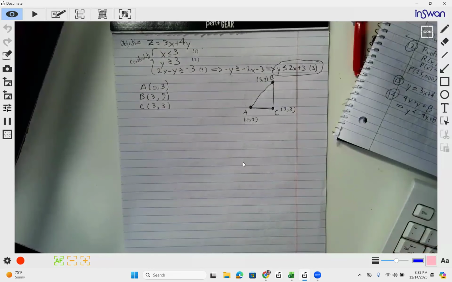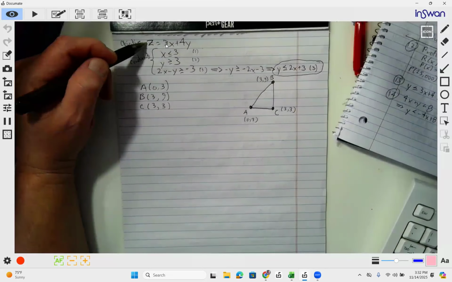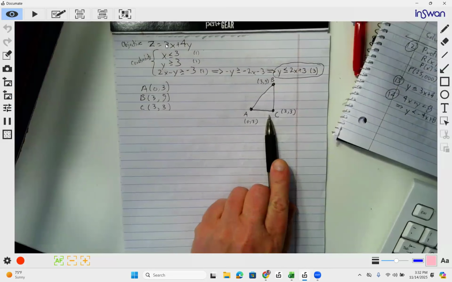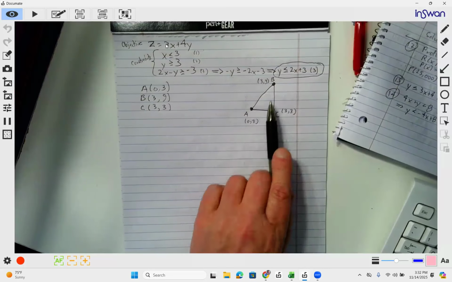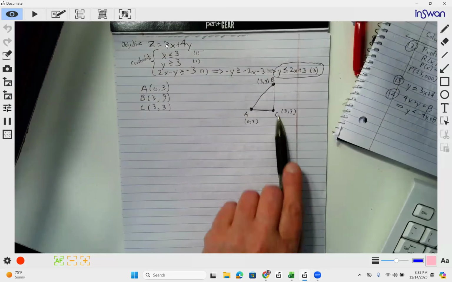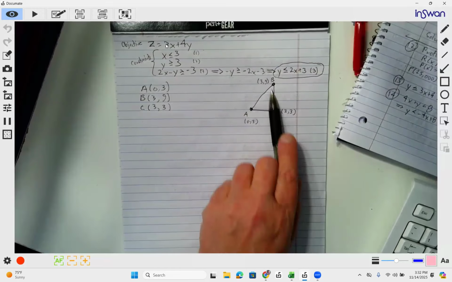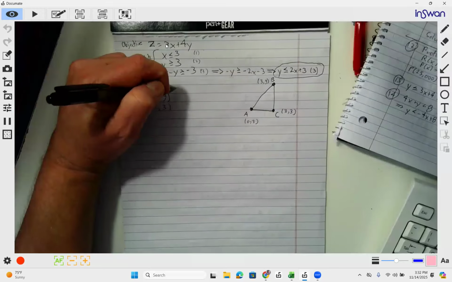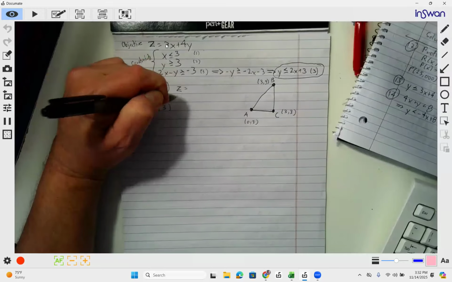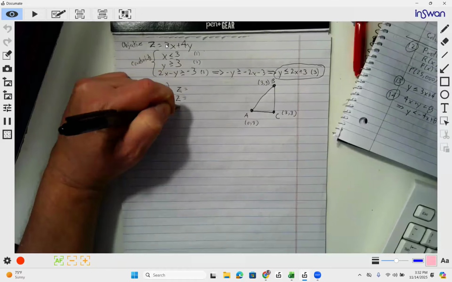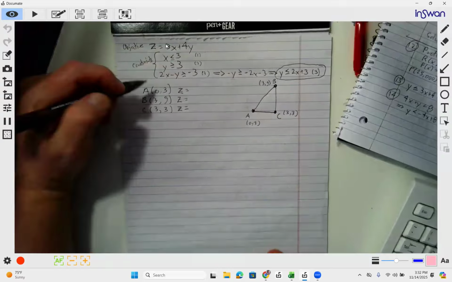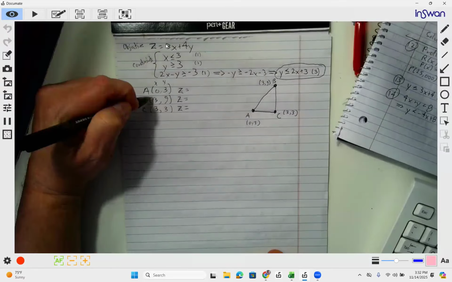So what we have to do, again: objective function is here, constraints here. The constraints give us our fenced off region. We determine what the points are, the corners of that fenced off region. And then what do we do? We figure out what Z is equal to given this X value, that Y value.